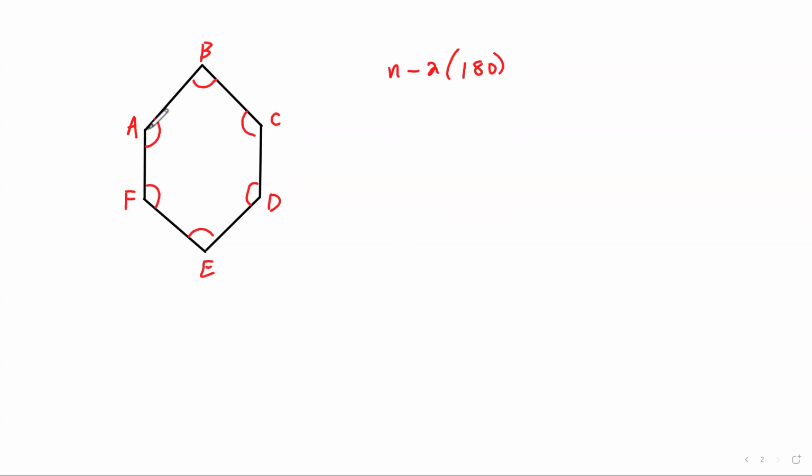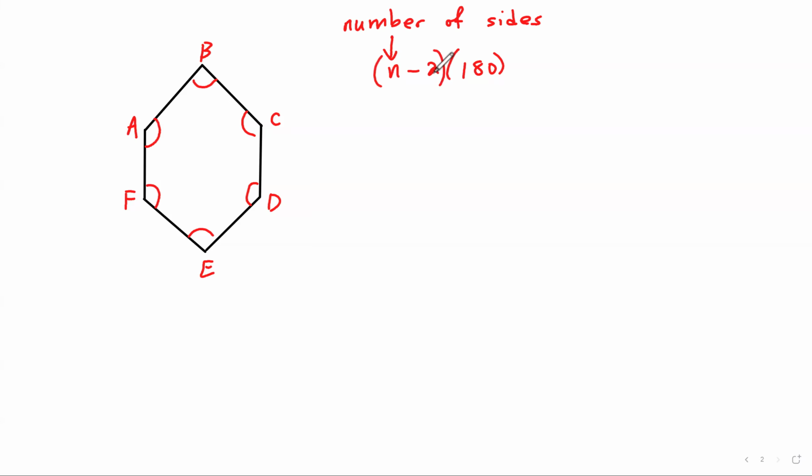All right, so let's see what that would be. When I say n in the formula, n refers to the number of sides in the polygon, right? So in the hexagon, what would n be? 6, correct.